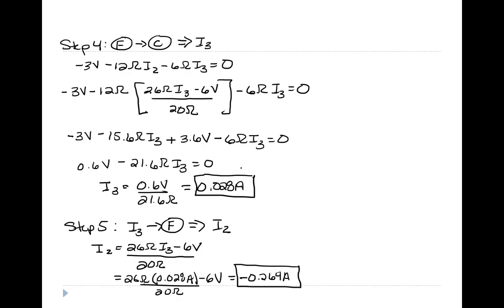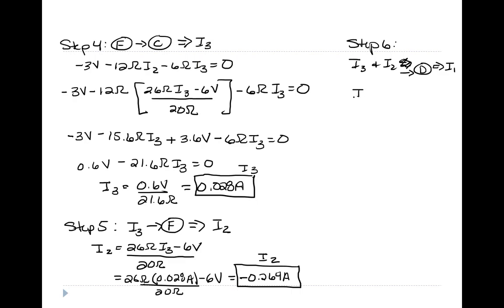So I'm just going to make a little note here. This was I3, this is I2, which brings us to our final answer, our final step. Step 6 is put I3 and I2 back into, wrong arrow, that should be this arrow, into equation D, and that will result in us knowing I1.